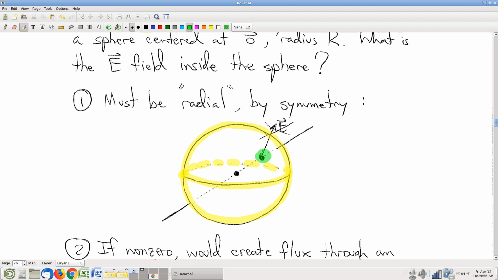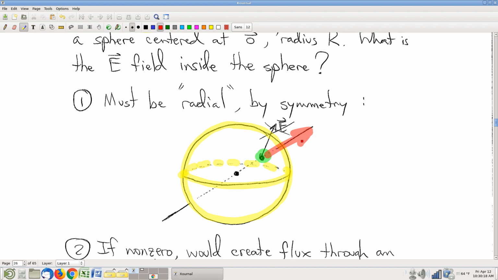First suggestion I'm going to make: grand total, at that point, the electric field's got to be what I like to call radial, right? I mean, this is just an intuitive plea, but the sphere itself, where the charges are distributed, is symmetric. It's rotationally symmetric.